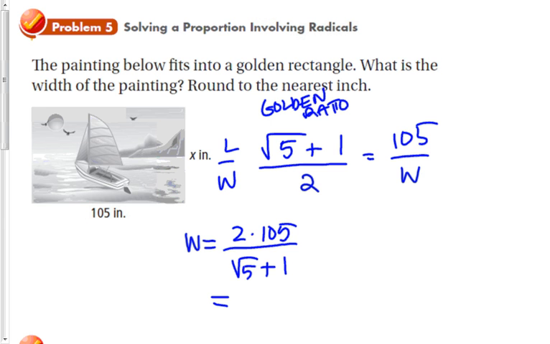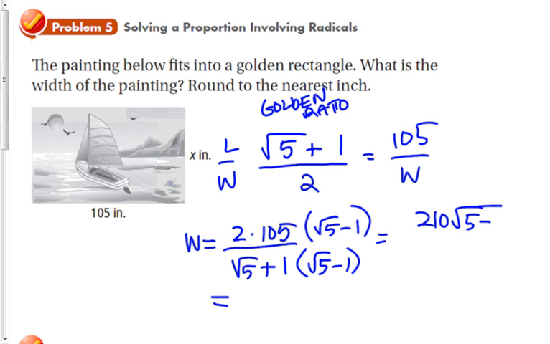Well, we have a radical expression in the denominator, so we need to get rid of that. So we're going to multiply the numerator and denominator by the conjugate, which is square root of 5 minus 1. And I'm just going to leave this as the square root of 5 minus 1 for now in the numerator.